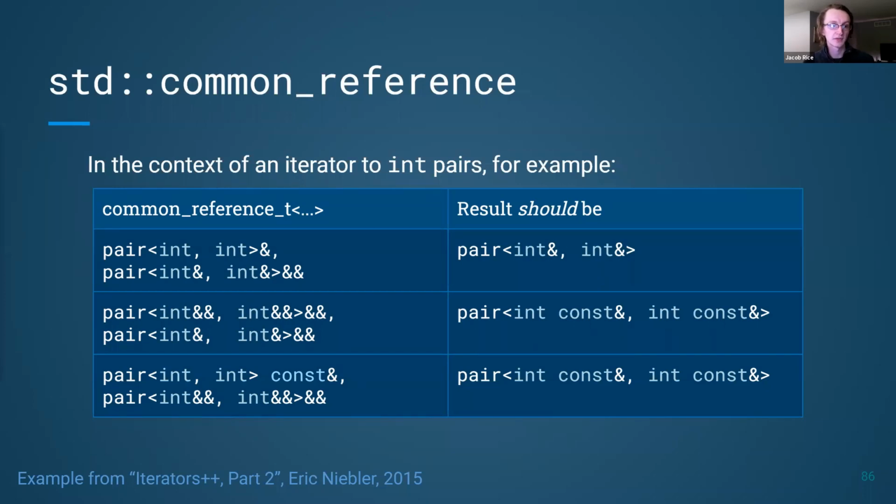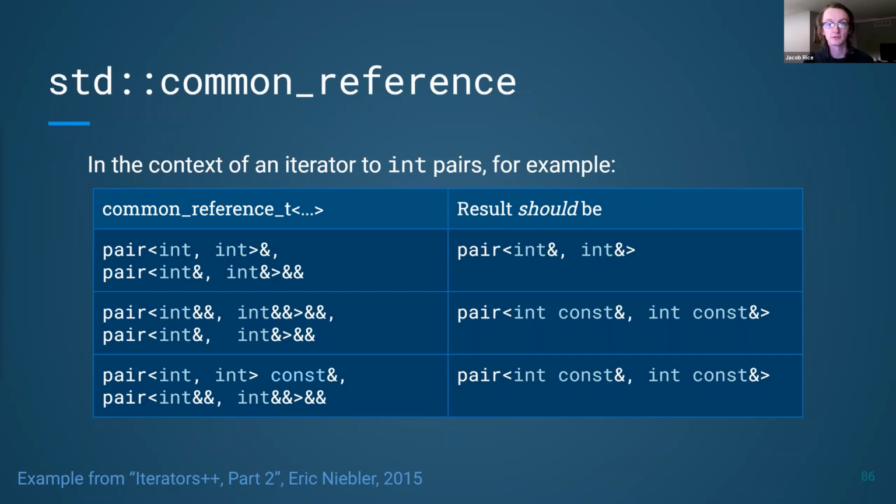We have a pair of ints, and we want the common reference with that reference type, pair of int refs, okay? And so that should bind to pair of int refs. It's dense. So this is not how std::pair is defined, though, because that's not really generally the case. This is not really how we want this to work.